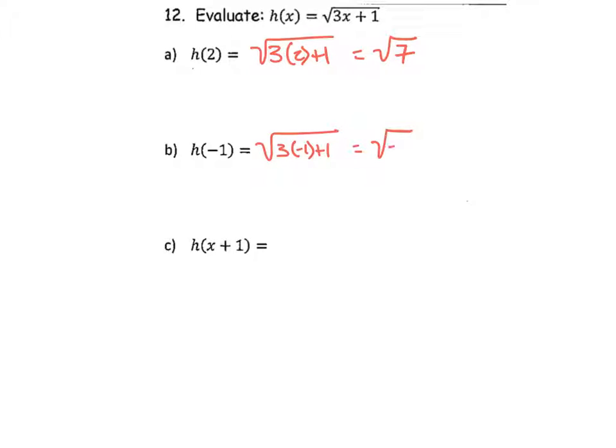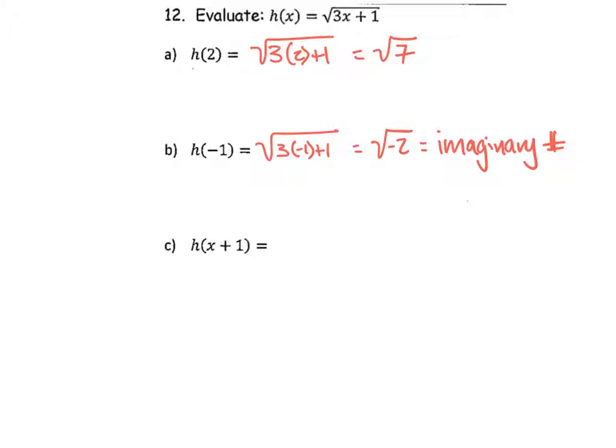Square root of negative 2. Okay, are we allowed to take square roots of negative numbers? No, okay. So we're just going to write imaginary number. We're not going to get into that right now, but it's something that you're going to learn in Algebra 2.